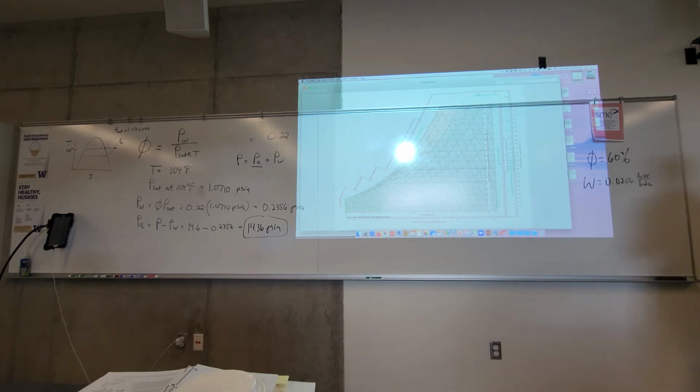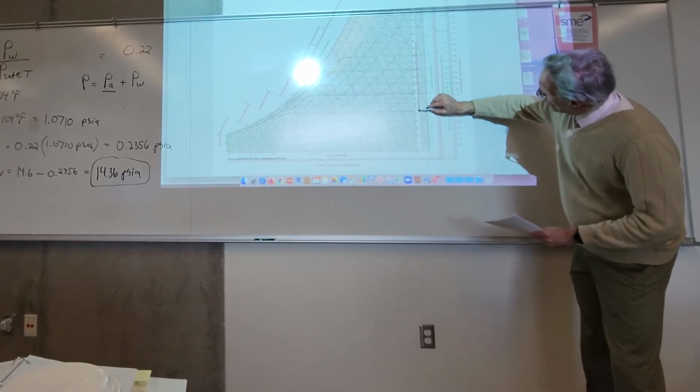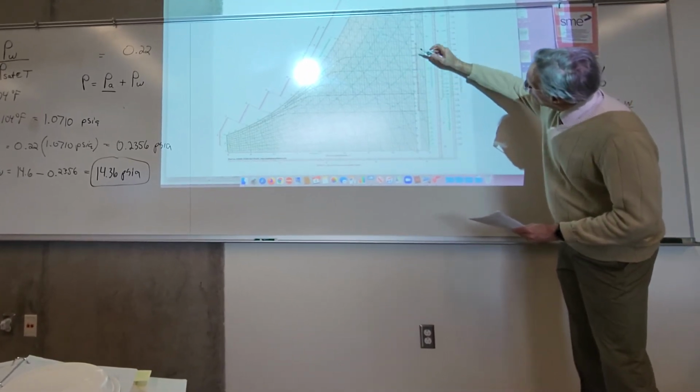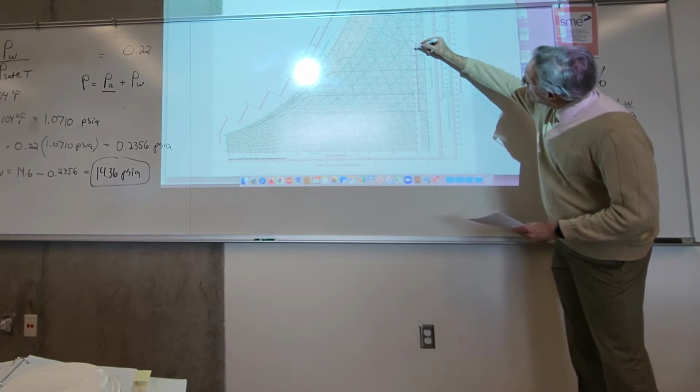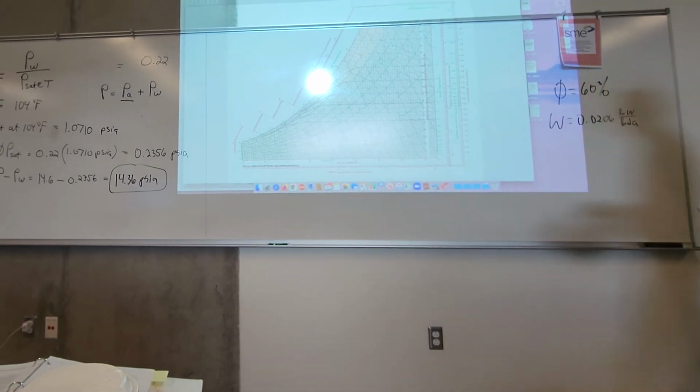And because the psychrometric chart is showing us the grains of water per pound of dry air along this scale, that allows the use of larger numbers, so they're not really tiny decimal numbers.